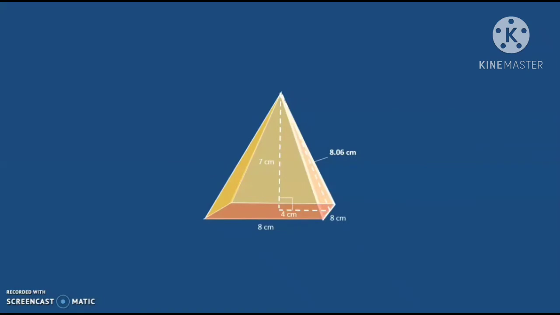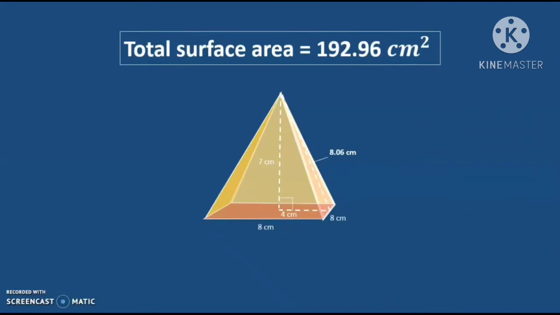So, the surface area of this pyramid is roughly 192.96, with some room for error, since let's not forget we rounded 8.06 earlier during our calculation.